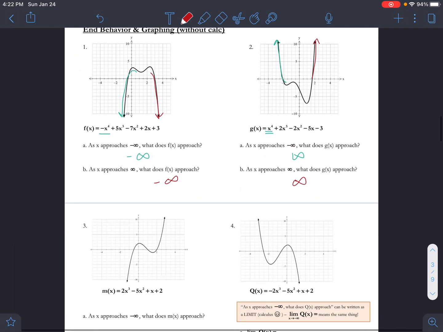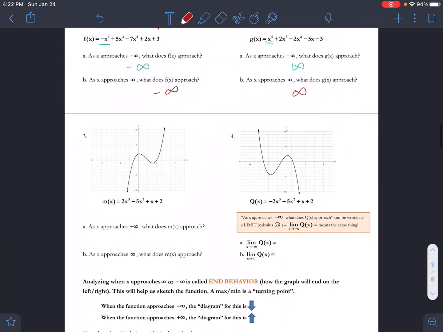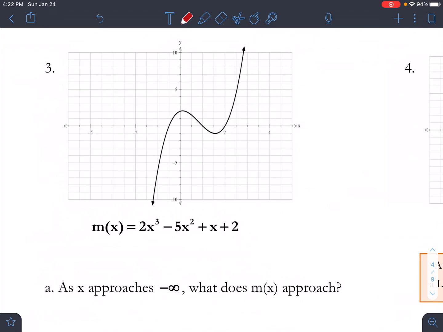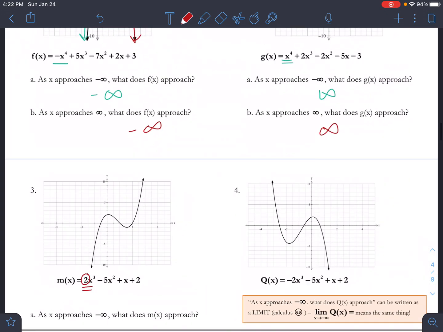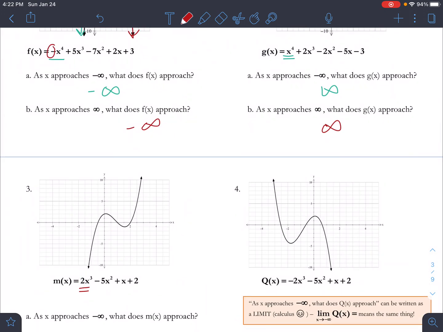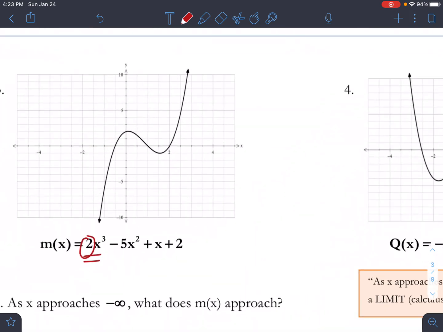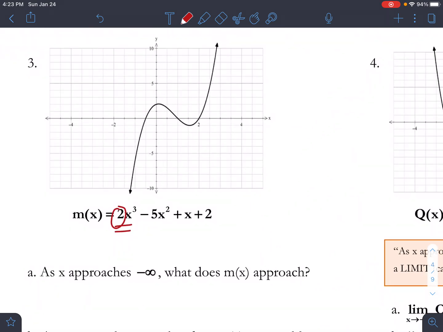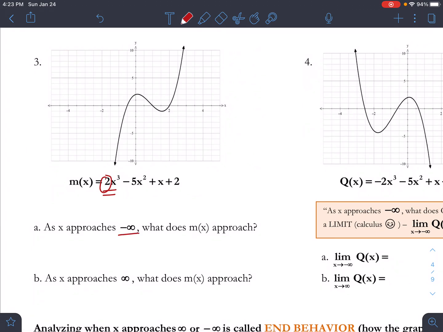Okay, and what else we got, guys? Let's see. I've got two more graphs here, a little bit different. This one is a positive x cubed. And when I say positive, I mean this number is positive versus this was negative and this was positive. So just keeping that in account, we're going to need that in a minute. So a positive x cubed graph, as x's go towards negative infinity, okay, I used my teal here.